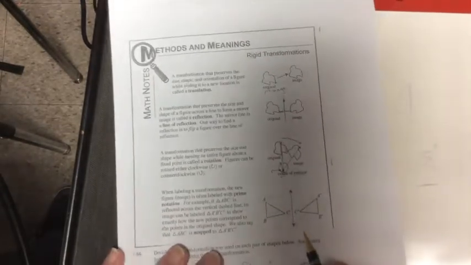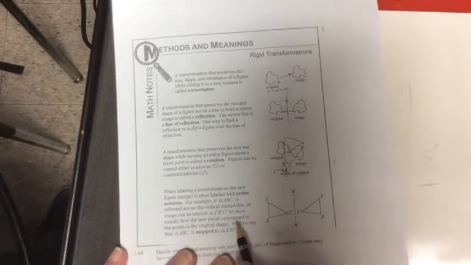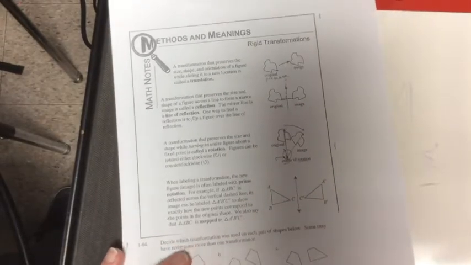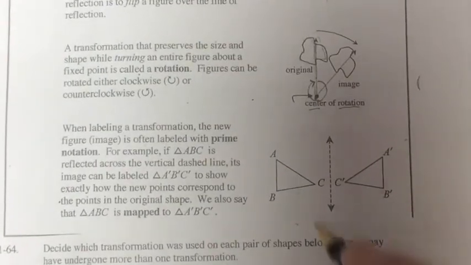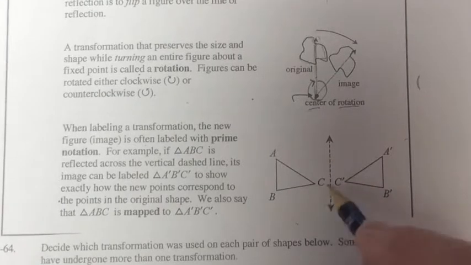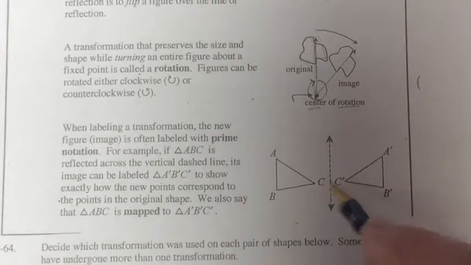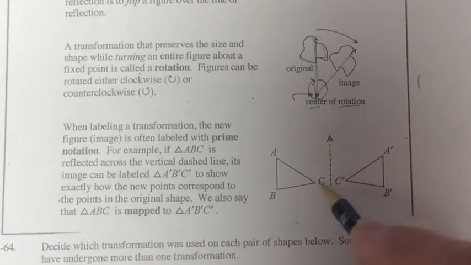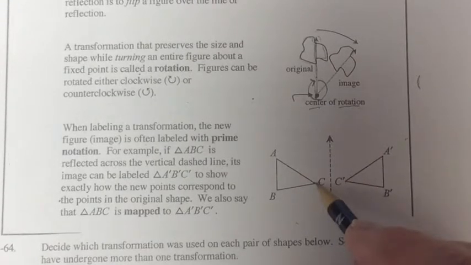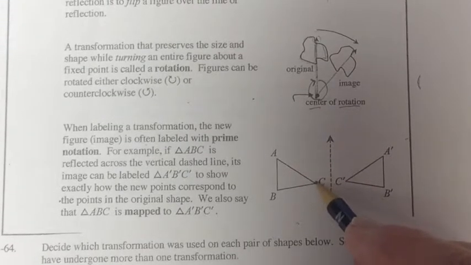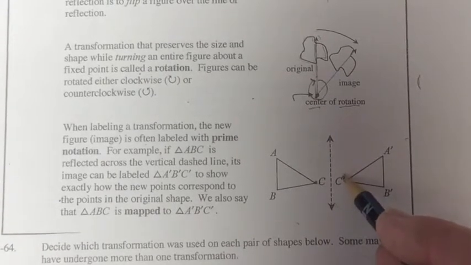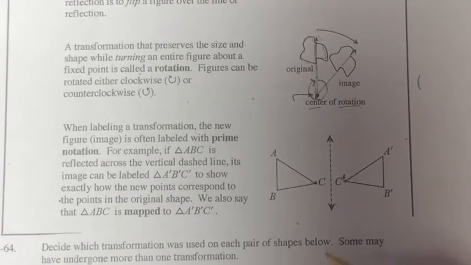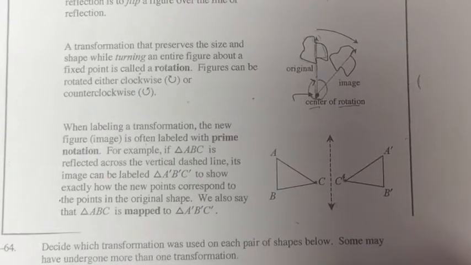And for each of them, there is something called prime notation in order to indicate which part of the shape corresponds to the part of the original shape. We give it the same letter, but because it's not the same point, this isn't point C, so we call it C prime, and that little apostrophe there is read C prime.